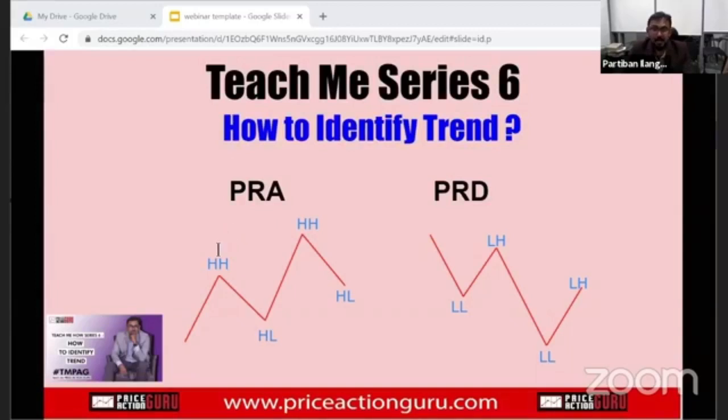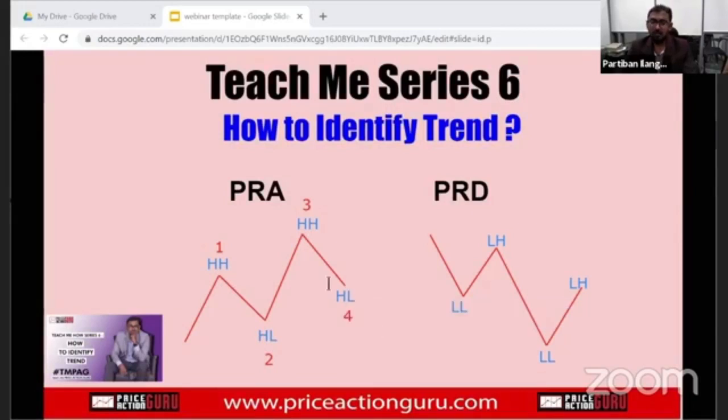For uptrend, you must mark the higher high first, then higher low second, and third is the higher high. You cannot go and mark higher low first for uptrend. So first is always higher high, second is higher low, third is higher high, fourth is higher low.